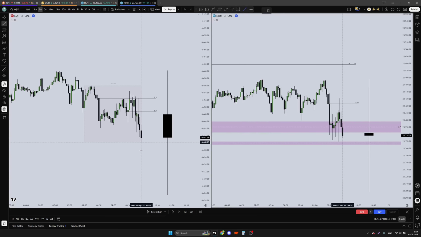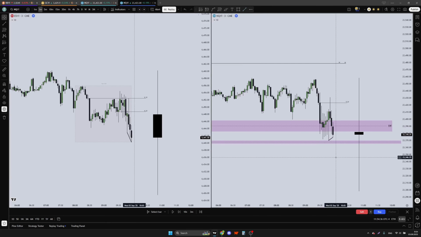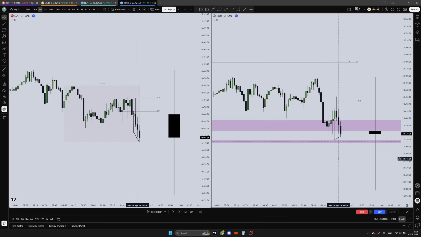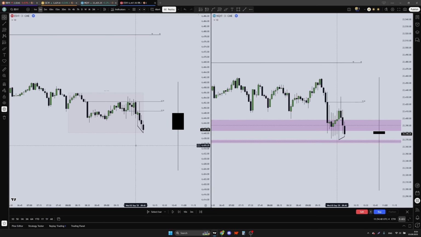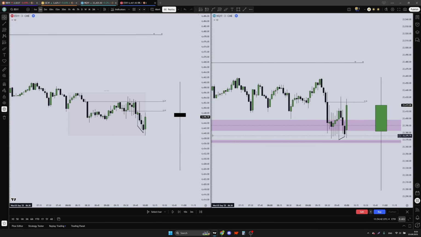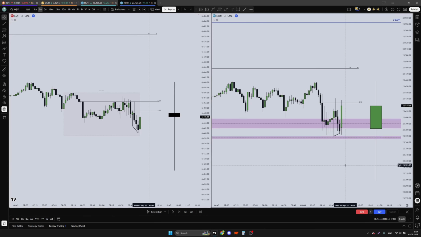We do have SMT with ES. Again, ES is being weaker, right? And this 10 a.m. 3-minute candle was just about to open, right? This candle, the 10 a.m. news candle. So on NQ, we are closing through this series of down close candles.